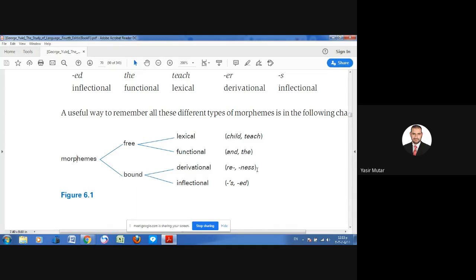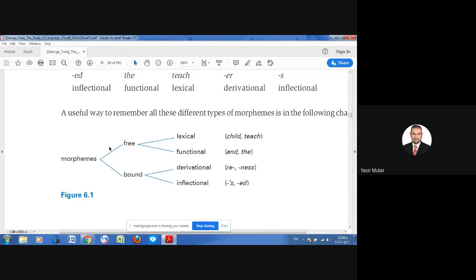What's a morpheme? A morpheme is the minimal unit of meaning or grammatical function.